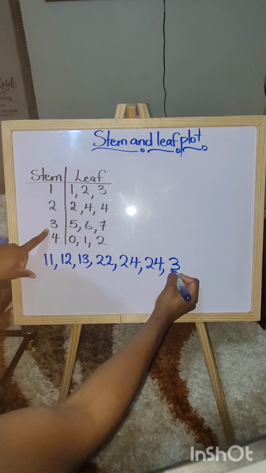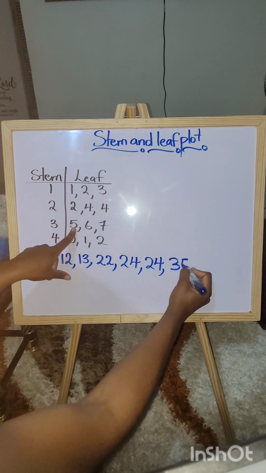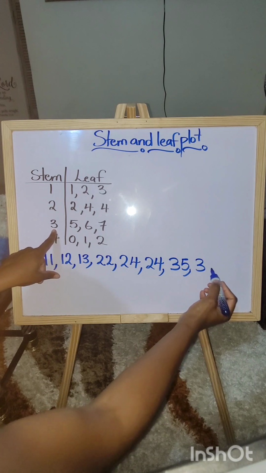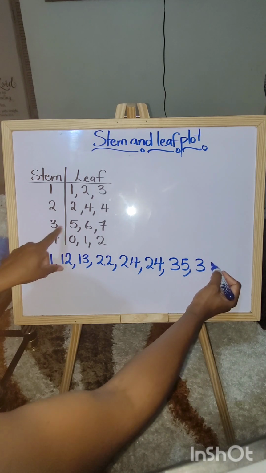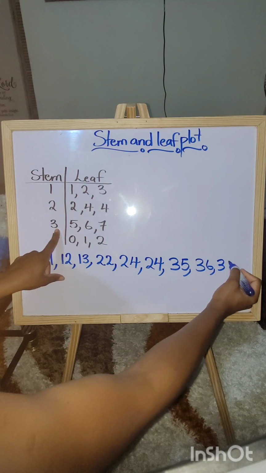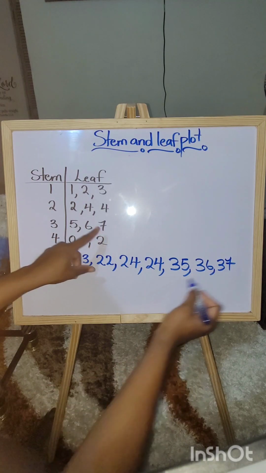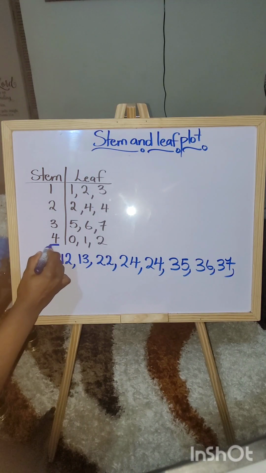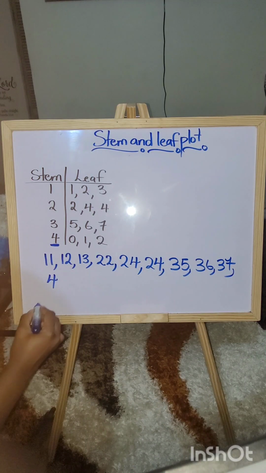Our next stem is a 3. What comes after? That's a 5, so that's 35. We're not finished with the stem, the 3. So this is a 6. Write back the stem, and we have to finish out all the numbers together, comma. Now we're at the stem 4. So this is 4.